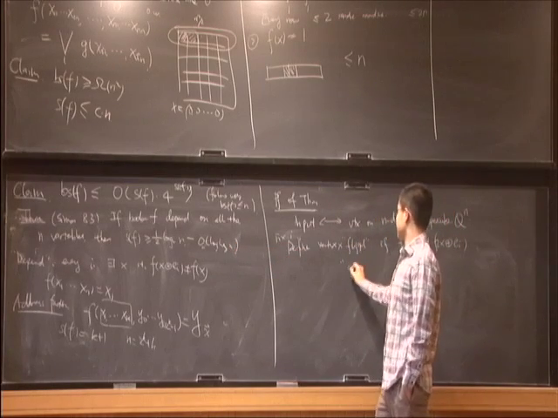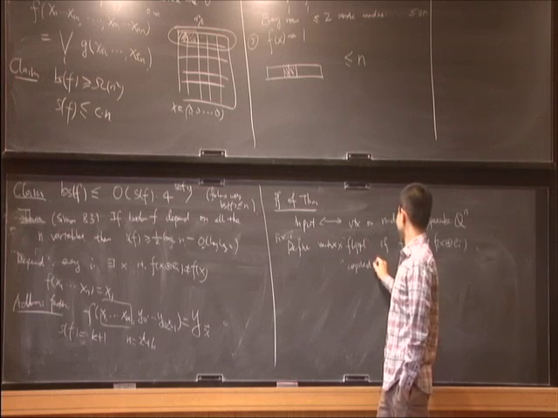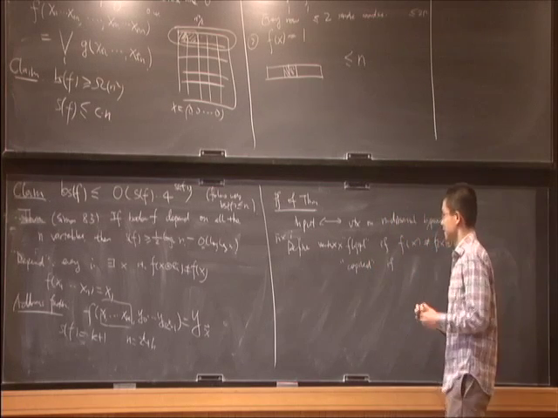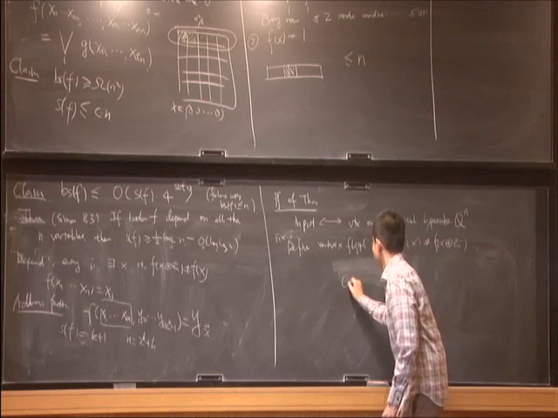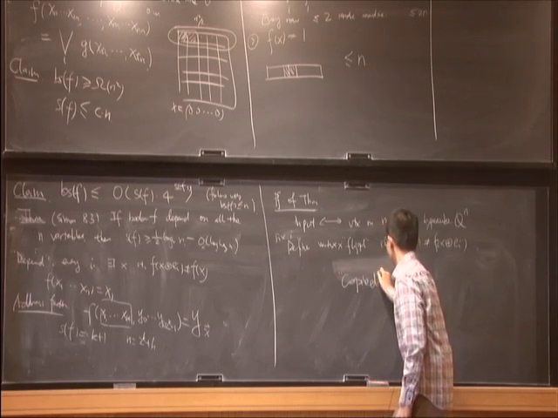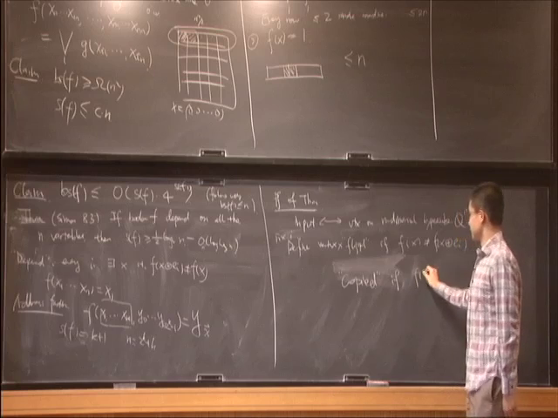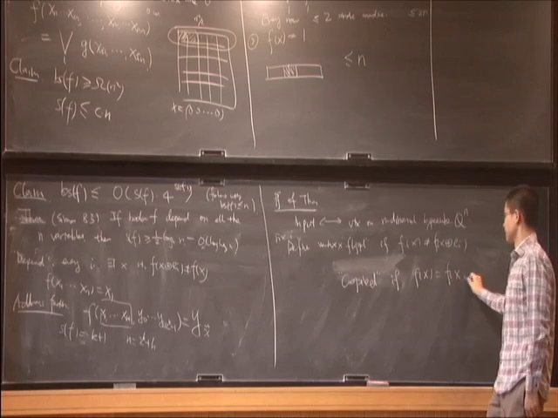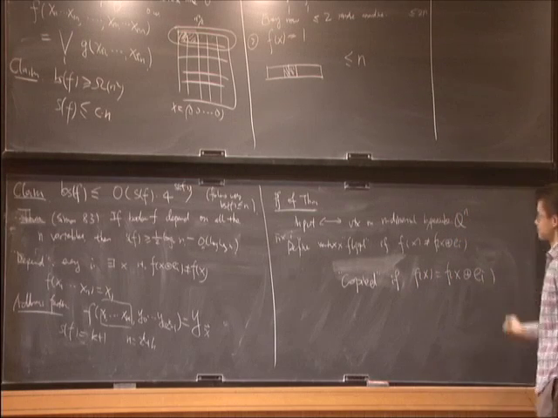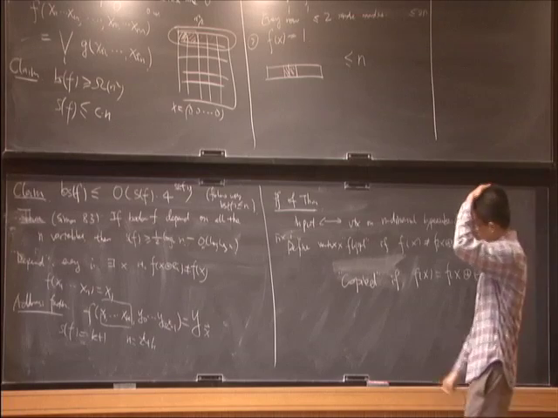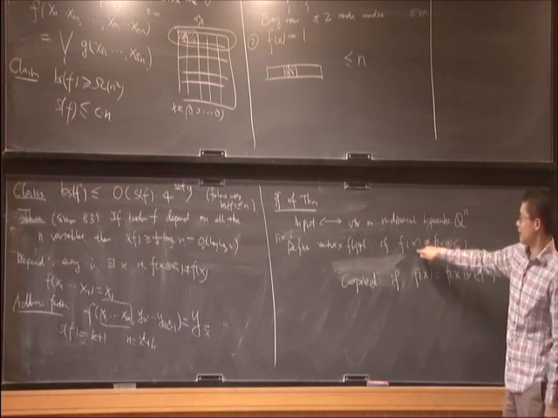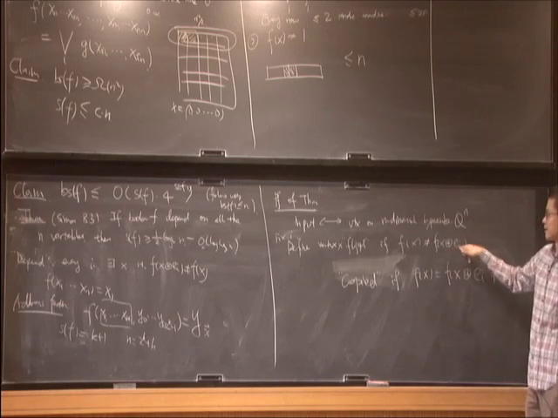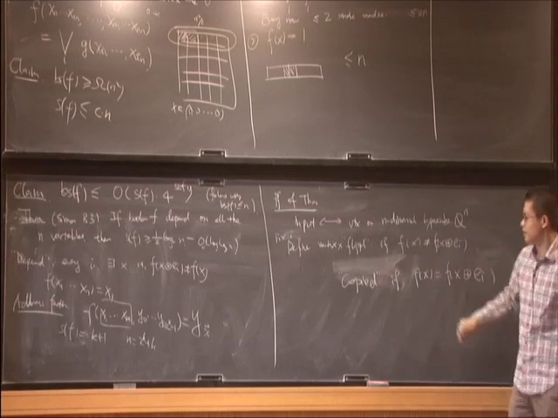Can you write bigger for the camera? And I call the vertex copied if f of s is equal to f of s plus e_i. And I also call the edges connecting s and s plus e_i for such a flipped pair to be colorful.